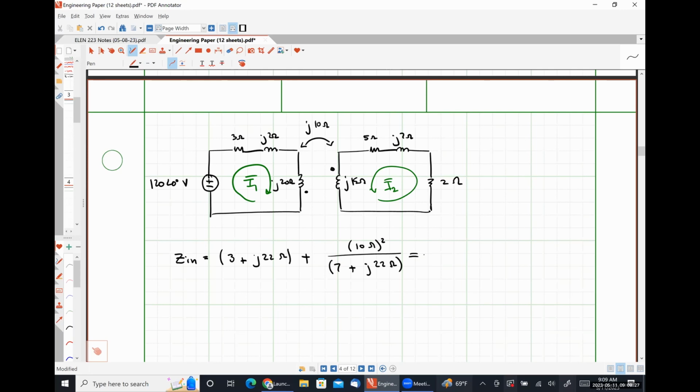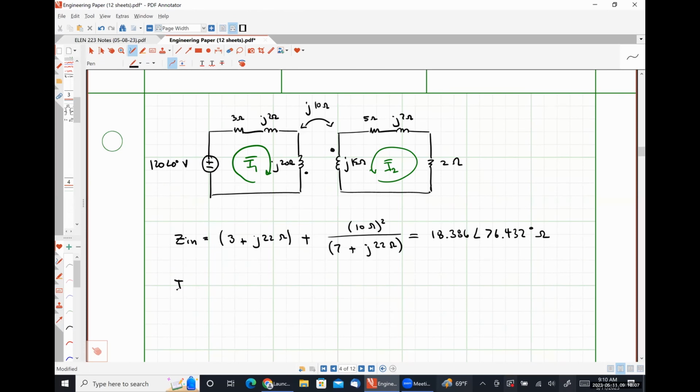So I'm going to come up with a number there: 3 plus 22i plus 100 over 7 plus 22i. That's 18.386 angle 76.432 degrees ohms.